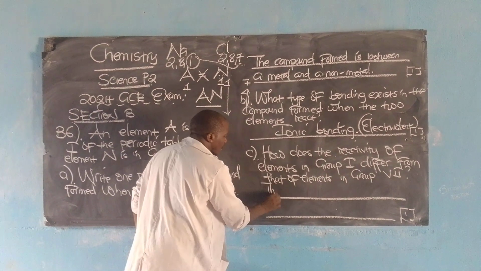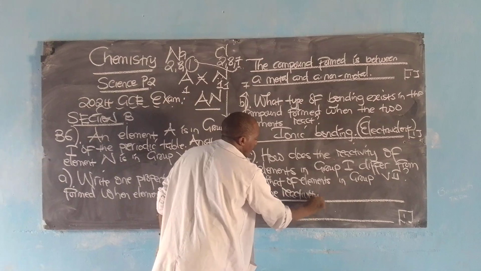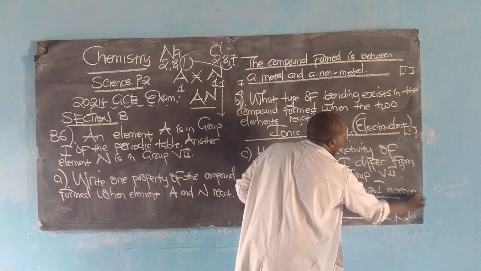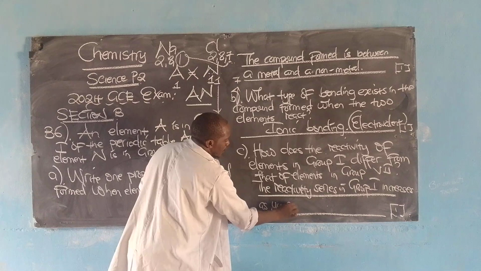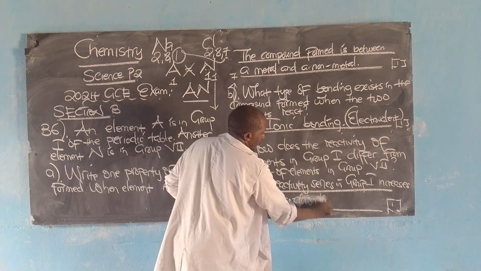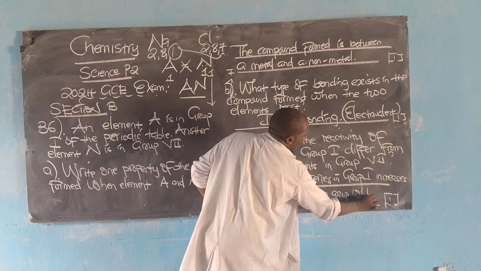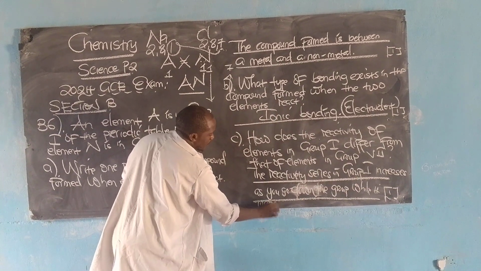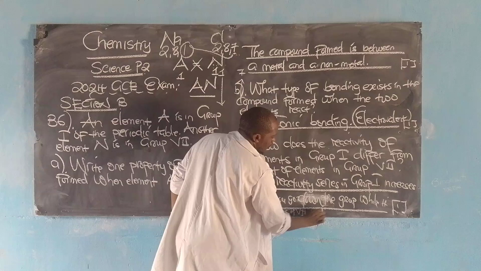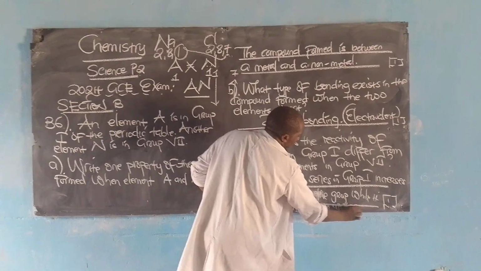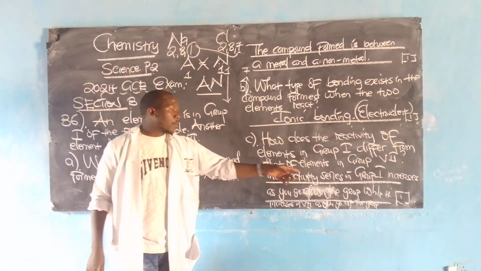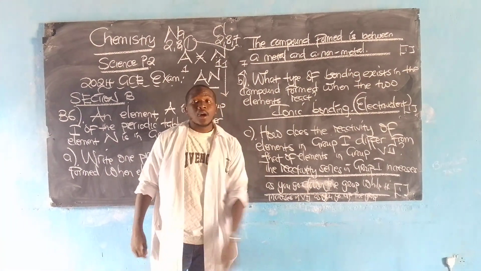So here we're going to say the reactivity series in group 1 increases as you go down the group, while it increases in group 7 as you go up the group.